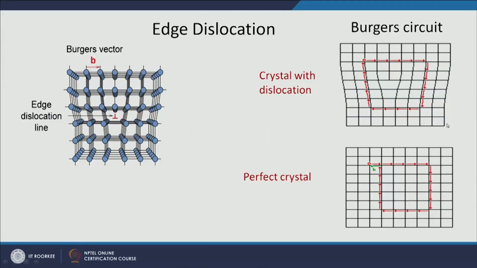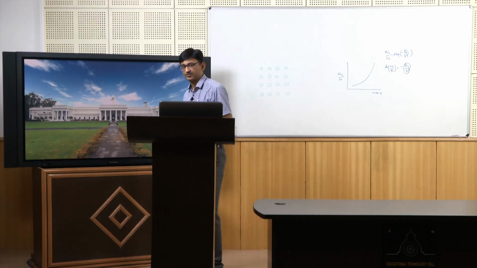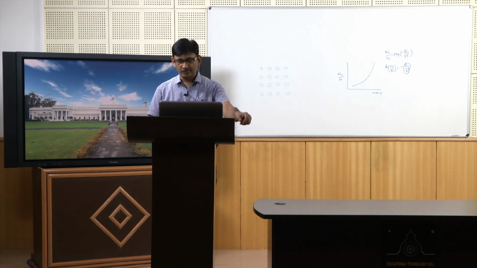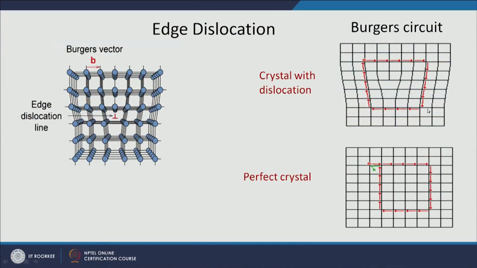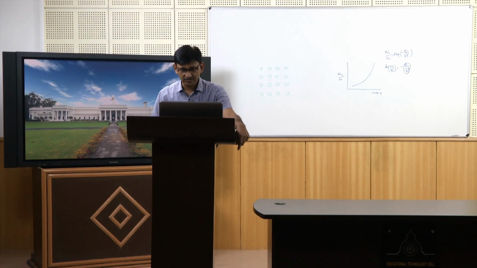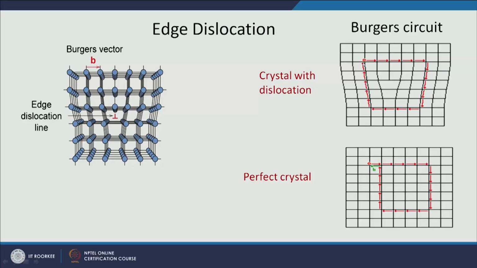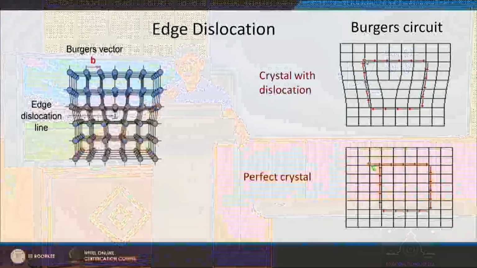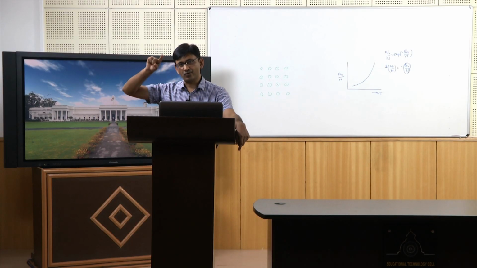Now, let me define what we mean by the Burgers vector here. You can see that this one particular picture here has a dislocation, a half plane ending here, and the dislocation line is going into the projection. This is a perfect crystal. We will take steps, roam around the dislocation and see how many steps are required.